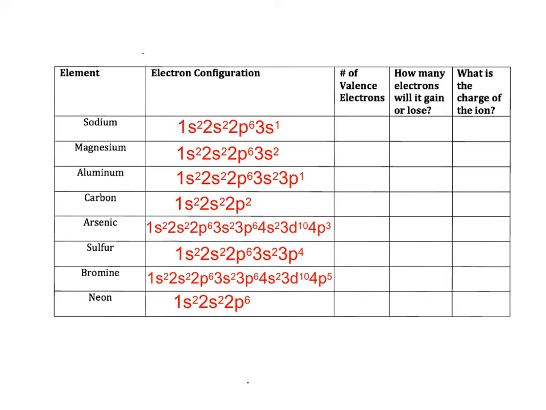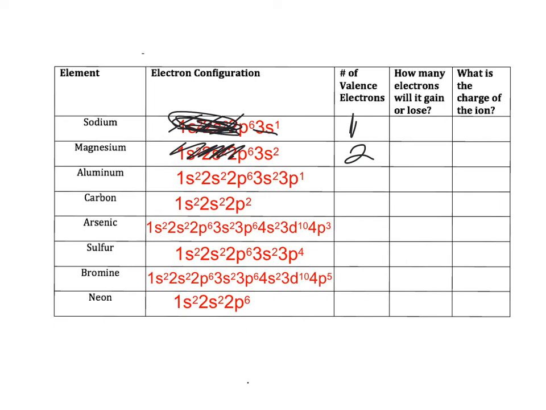Hopefully you know the highest number there is 3. So I can ignore everything else except for 3s1, which tells me, hey, how many electrons do I have in 3s? Well, I have 1. If I look at magnesium, highest energy level there is 3. Again, I have 2 electrons, 3s2.